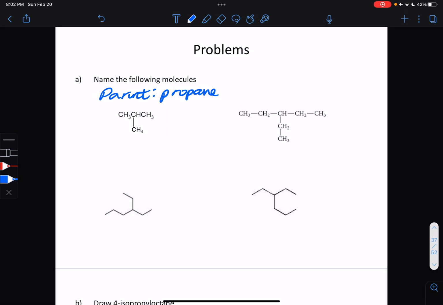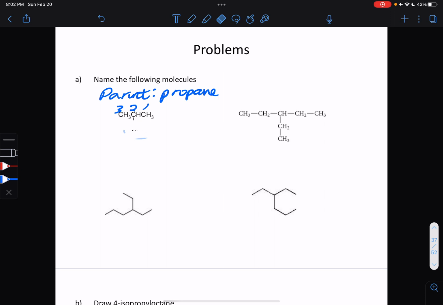All right, so the next thing is, how do we number the parent chain? Well, we can do 1, 2, 3, and our branch right here would be hanging off of carbon number what? Carbon number 2. Or we could do 1, 2, 3, and our branch right there would be hanging off of which carbon? Carbon number 2.